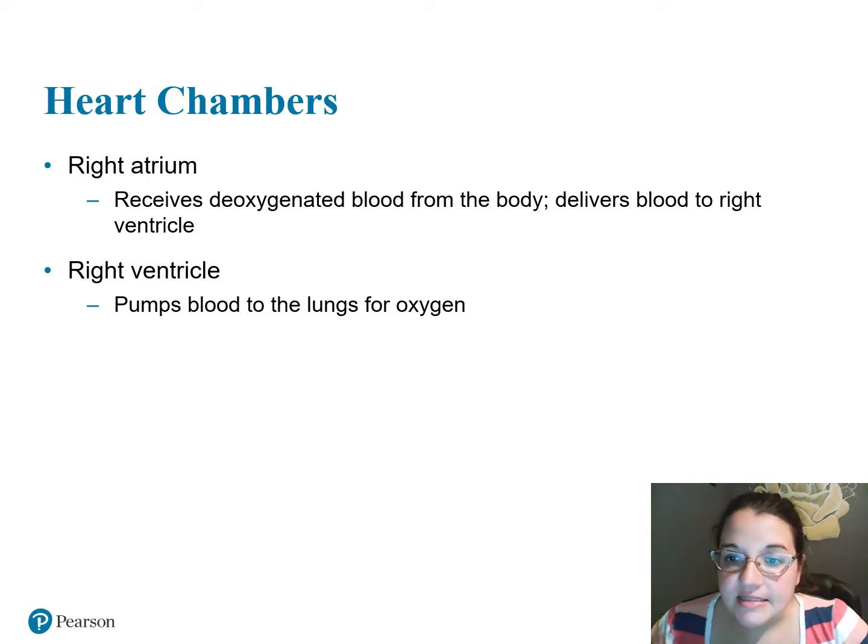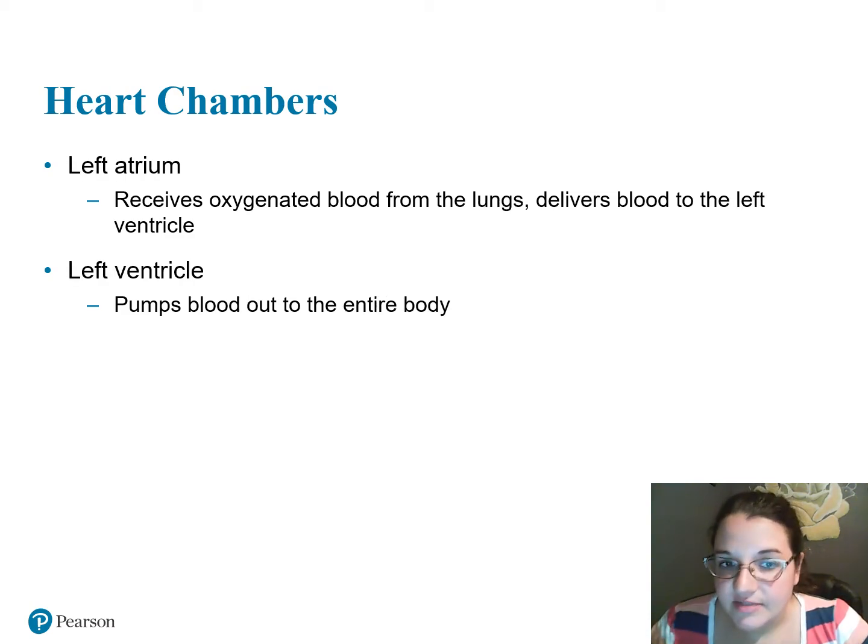When the blood is out of oxygen, when it gets down to our toes, it's going to come back up to the heart and get back into the right atrium because it is out of oxygen. It is deoxygenated, and it's going to go through the heart, through the pumping station, to get more oxygen from your lungs. So again, your right atrium receives deoxygenated blood from the body, and the right ventricle pumps that deoxygenated blood to your lungs to get oxygen.